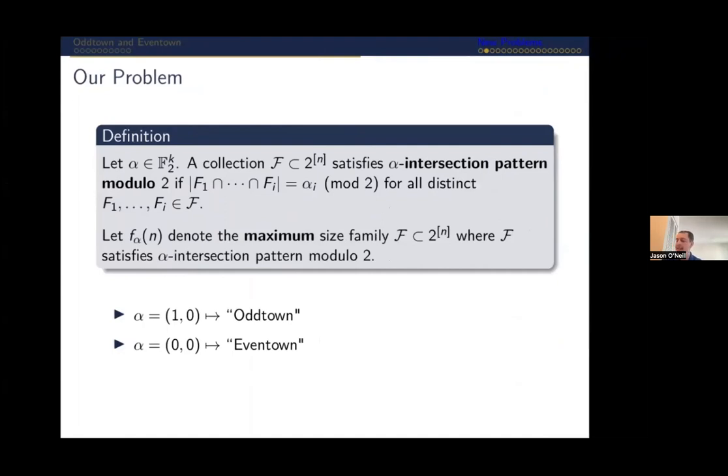That says the sets themselves have an even number, or 0 mod 2, elements, and the pairwise intersections also have an even number. So that is the eventown problem. And you can kind of see where this is going: there is the dual oddtown, which is going to be this vector, and the dual eventown, which is the vector (1, 0). Okay.